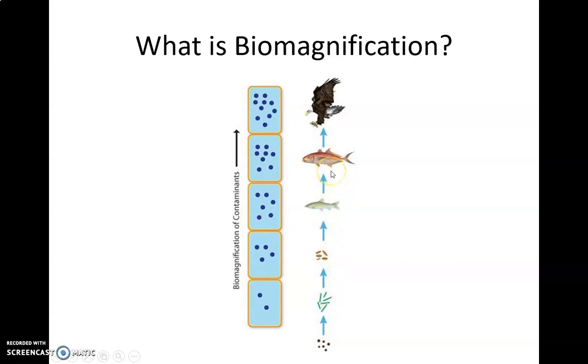That's why we call it biomagnification, because the chemical's concentration is magnifying as we move up. Now, what ended up happening here was we found in the late 60s, as DDT had been used for almost 20 years, that DDT was getting itself in high concentrations in birds of prey, so higher up here in the food chain, due to this concept of biomagnification.